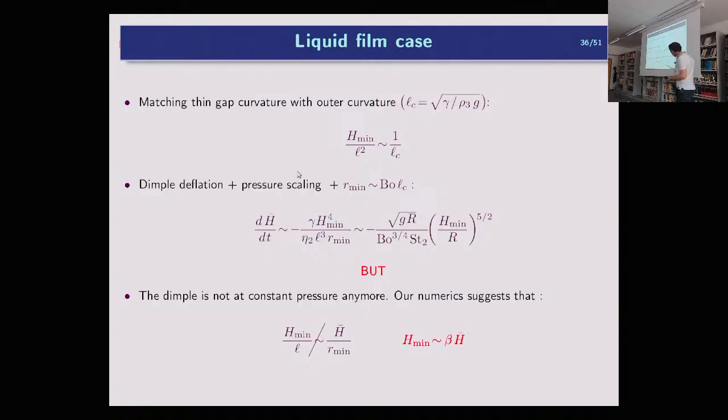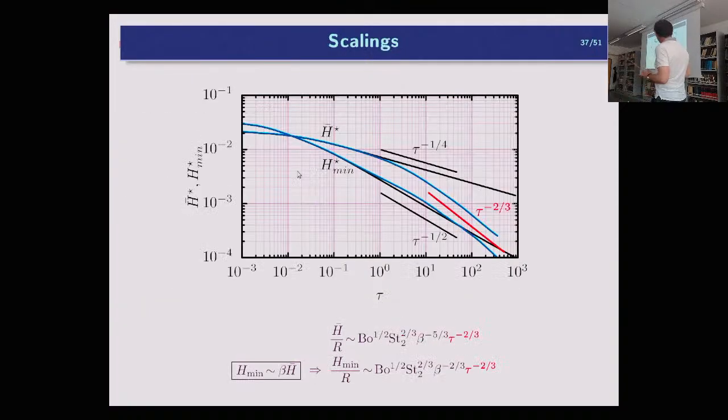So if we make this hypothesis, which we couldn't really explain, this is just a numerical observation, then we find scalings that are completely different than before.